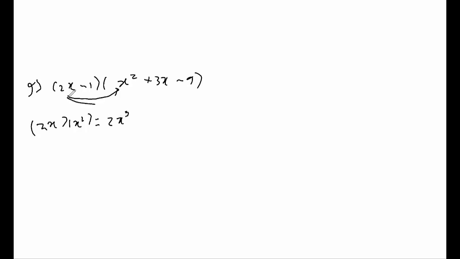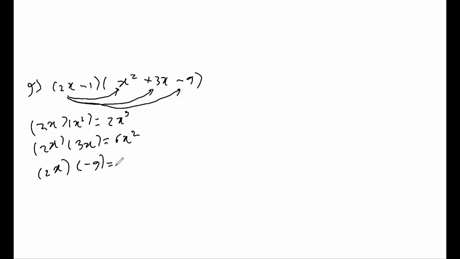Then I distribute it to the next one, and I get 2x times 3x, and that's equal to 6x squared. And then finally I distribute it to the last one here, and I get 2x times negative 9, and this gives me negative 18x.